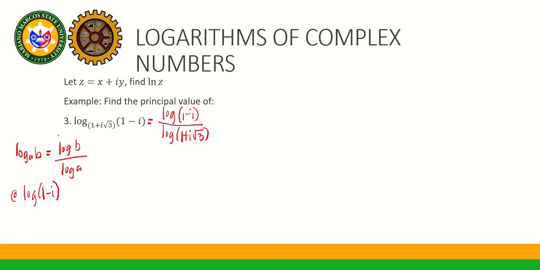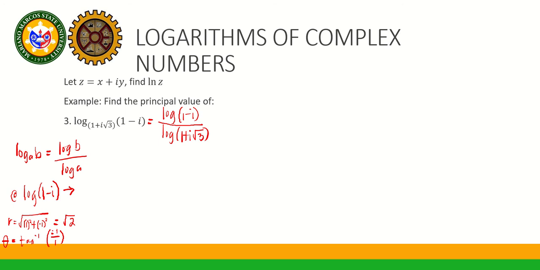1 minus i, we convert 1 minus i into exponential. So, our r will be equal to the square root of 1 squared plus negative 1 quantity squared. So, this will be equal to the square root of 2. And our theta will be equal to arctan of negative 1 over 1.